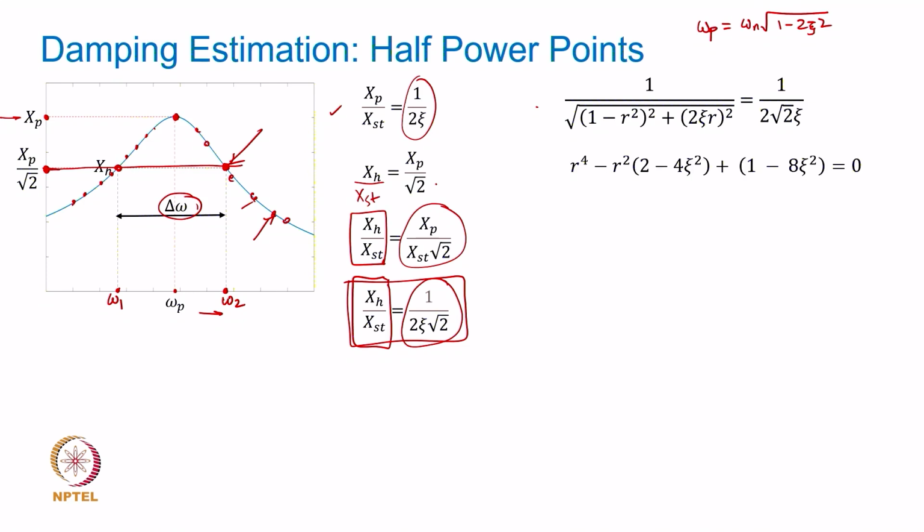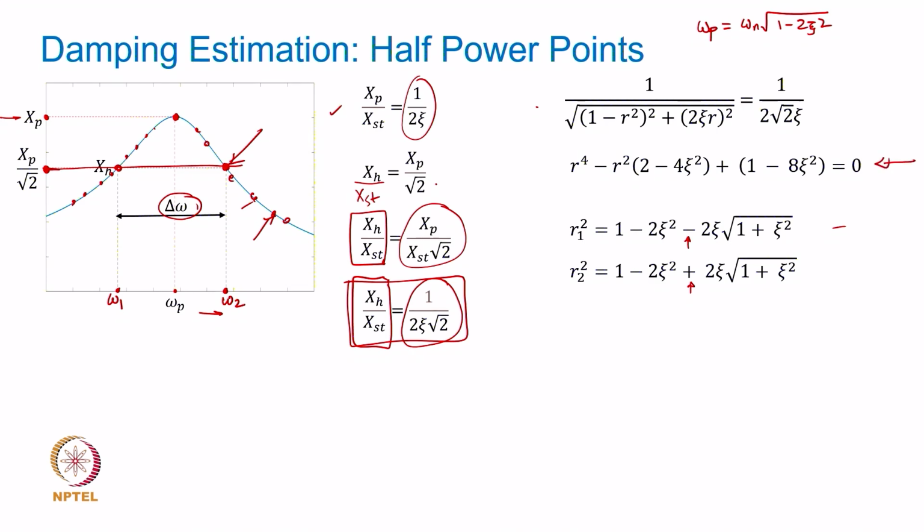You square both sides and then equate the denominators, and that is what you get. This is quadratic in r square. If you solve it, you will get two possible roots, one is r1 square given by this and the other is r2 square. Just use the straightforward method of finding the roots of a quadratic. There are two possible roots, one with the negative sign and the other with the positive sign. So these are the two expressions that you will get when you solve this equation.